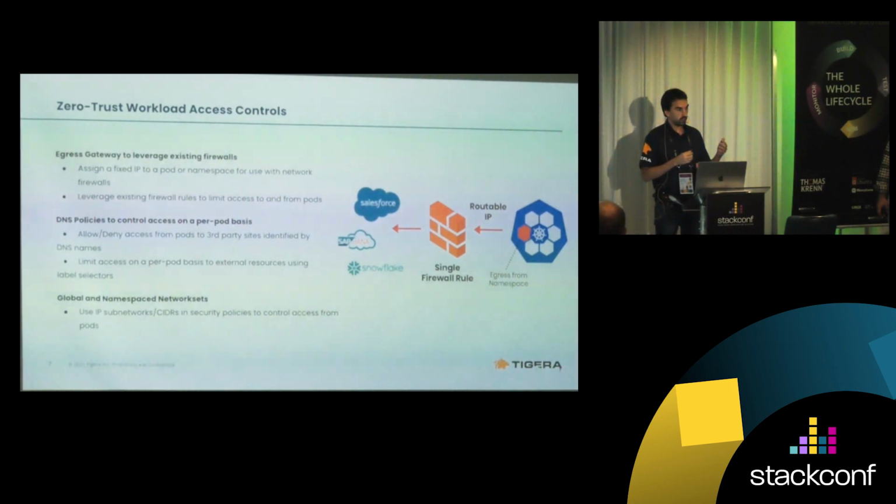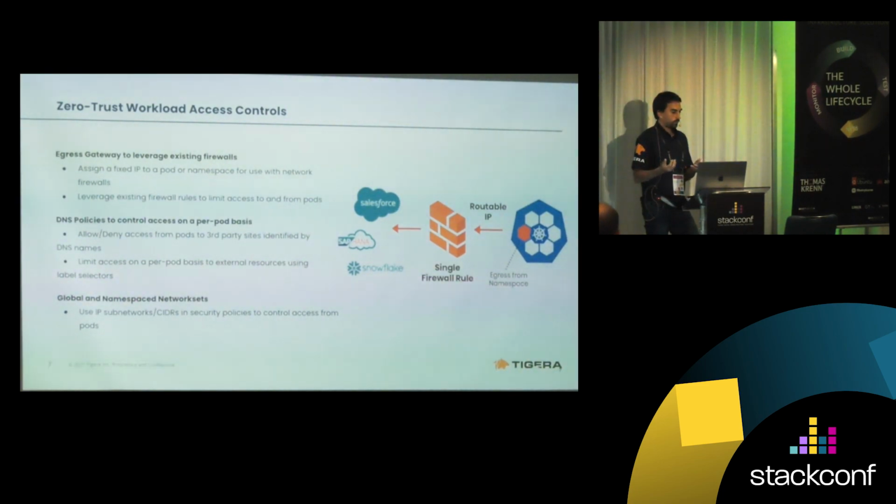We can create a network set that will use that threat feed to create something dynamic. And then you're going to create a policy based on that network set. And the idea is every day you'll have an update, a new IP will be added to the network set, and your policy will always be using that feed. So your pods will never be talking to something malicious.